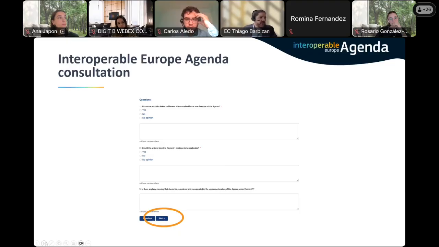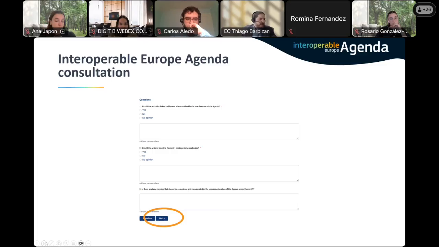Should the actions linked to element 1 continue to be applicable? Yes, no, no opinion, and also an open field for comments. And is there anything missing that should be considered and incorporated in the upcoming iteration of the agenda under this element? So under each one of the elements, you will be given the opportunity to answer these 3 questions.